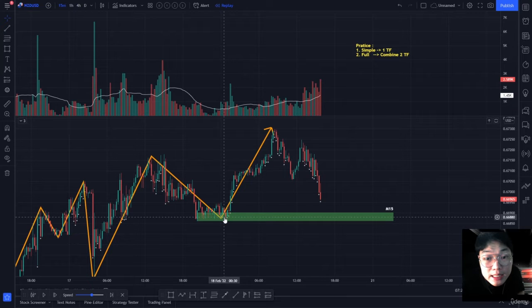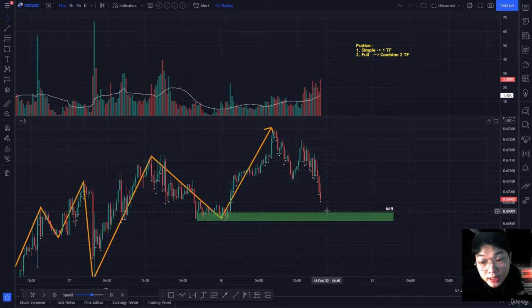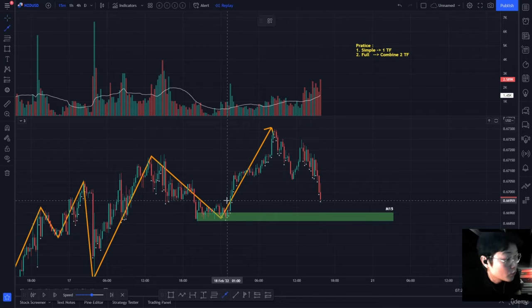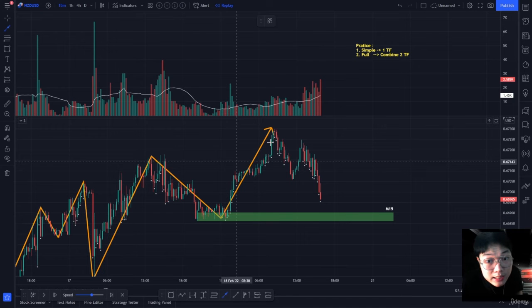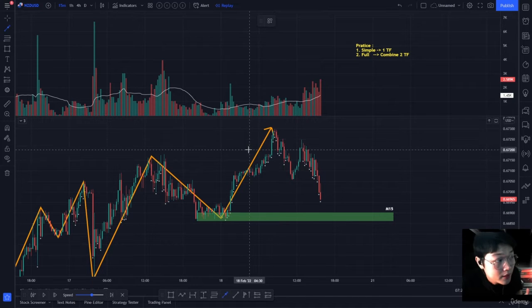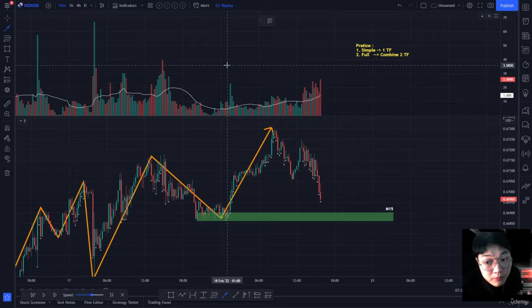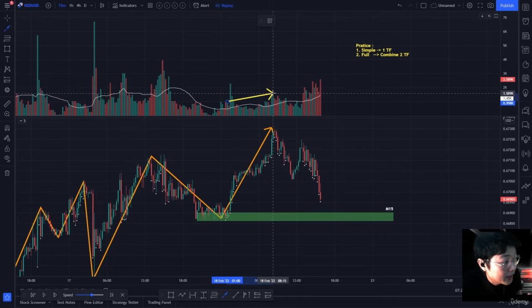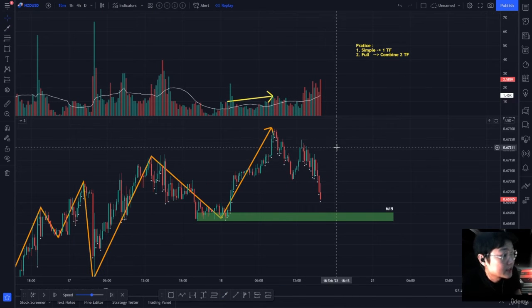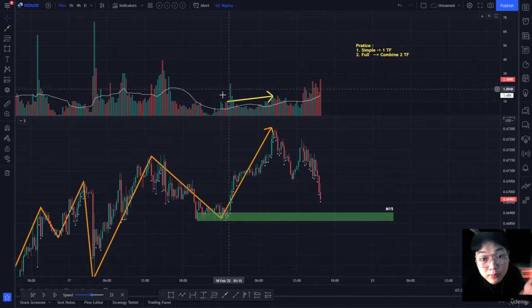The first is the recent push wave in the market, and the second is the recent pullback wave. For the first push wave, here is the first up candle and here is the last up candle. We analyze the volume from the first up candle to the last up candle. We can see that the volume is increased. It means the buying pressure also increased very strongly at this key level.